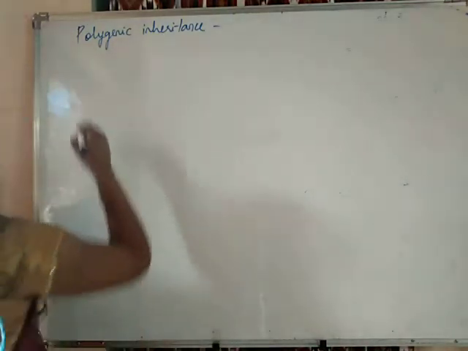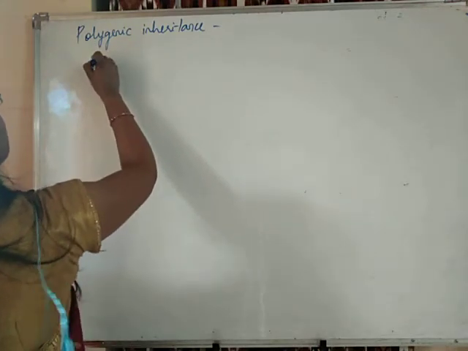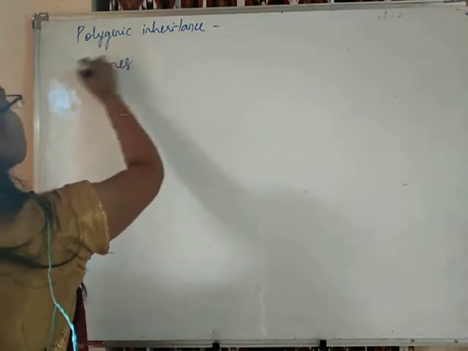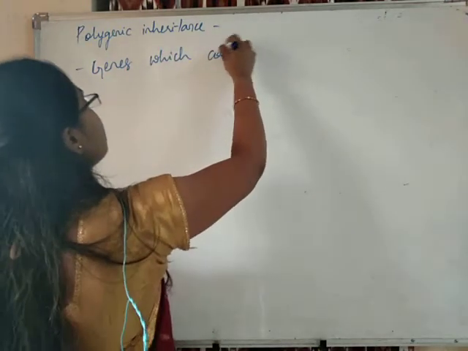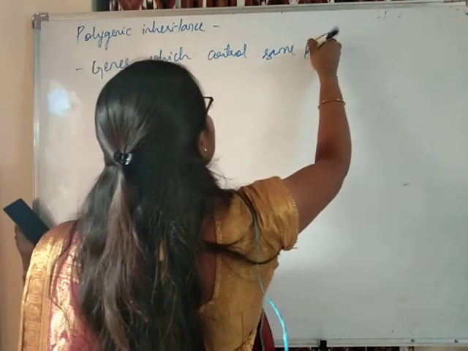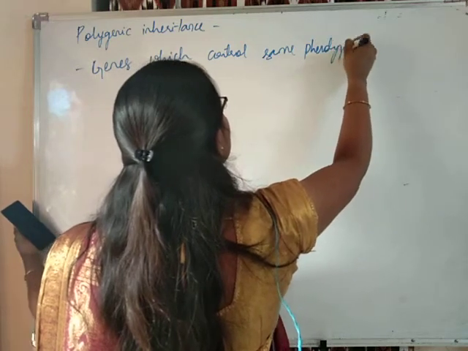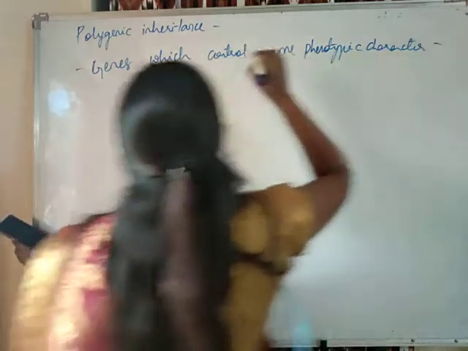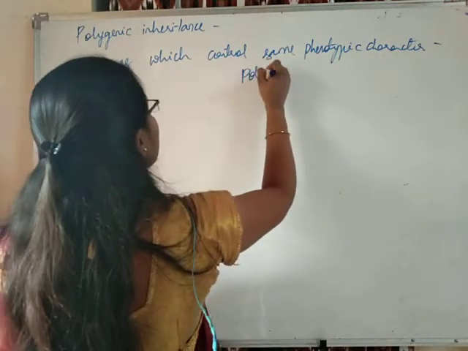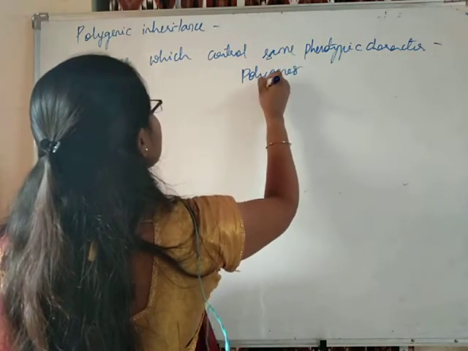So those genes which control the same phenotypic character are called polygenes.